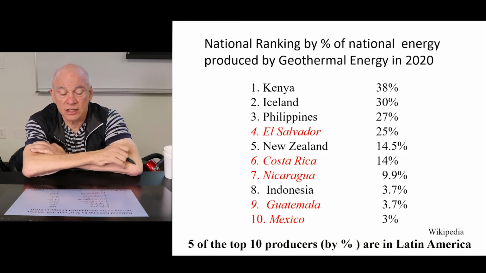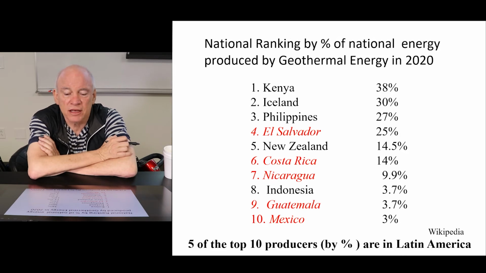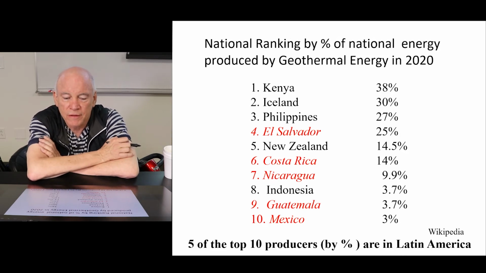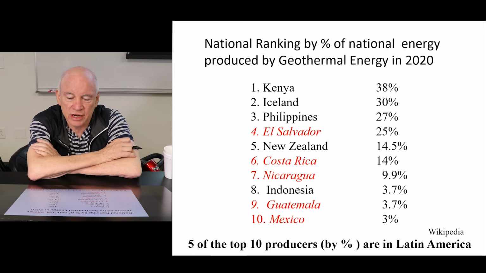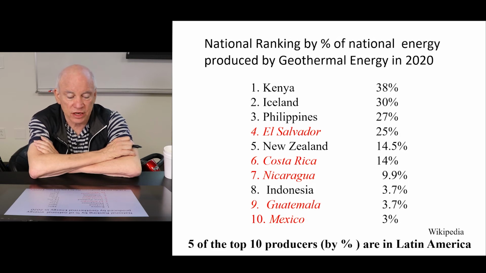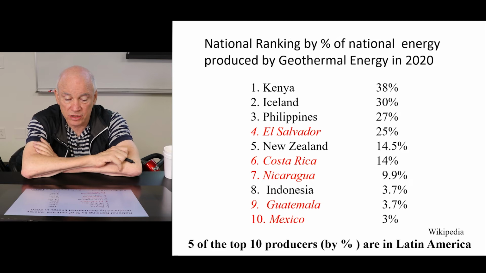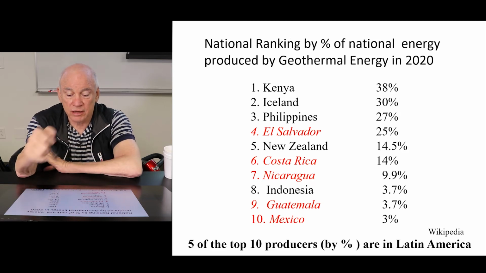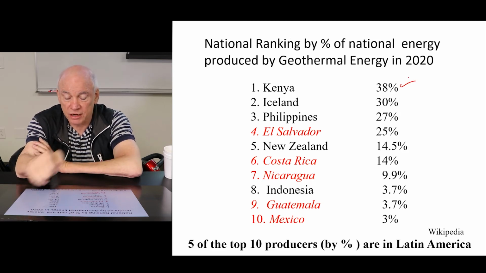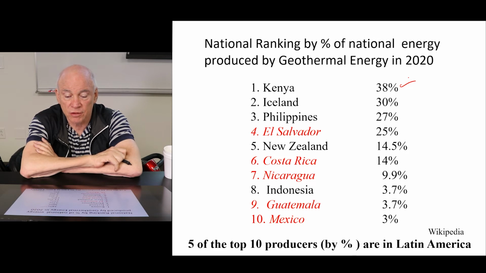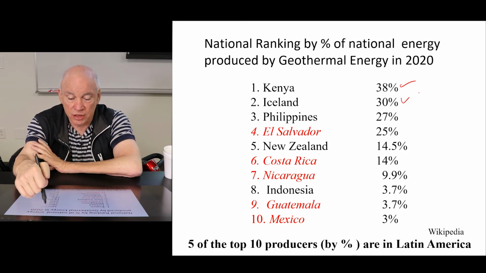So now let's rank the nations not by the amount of electricity they make with geothermal, but by the percentage of the national energy that's produced by geothermal energy. So these countries in red are Latin American countries. So Kenya is number one with 38% of its electricity generated by geothermal. Iceland, 30%.